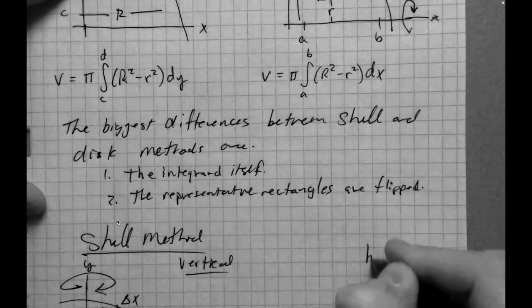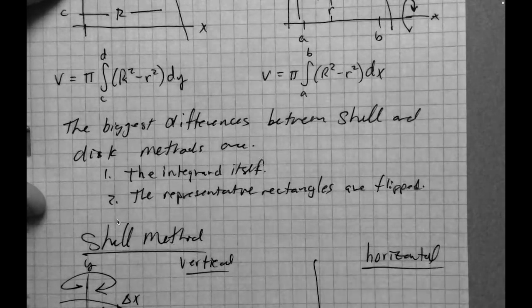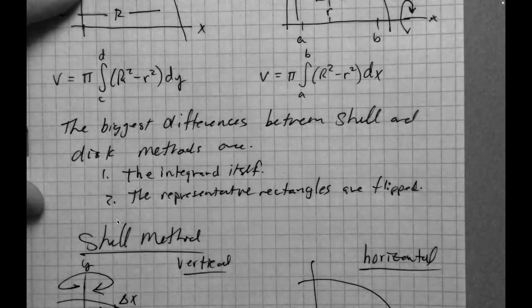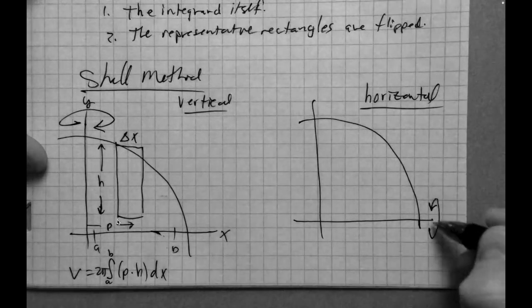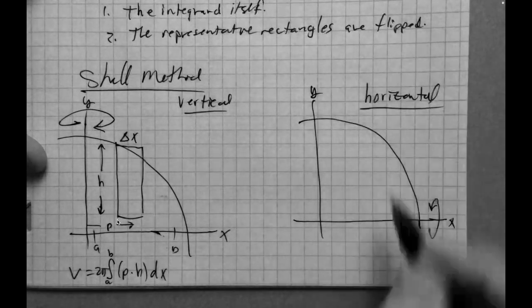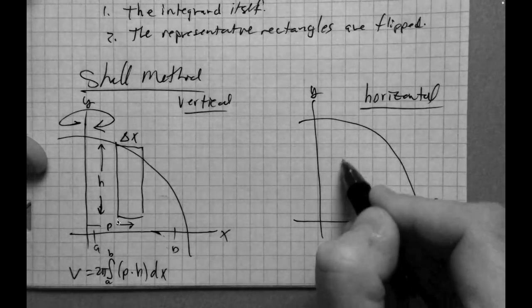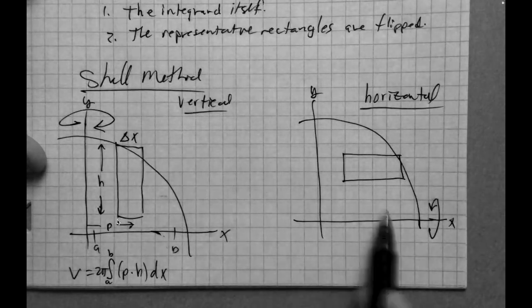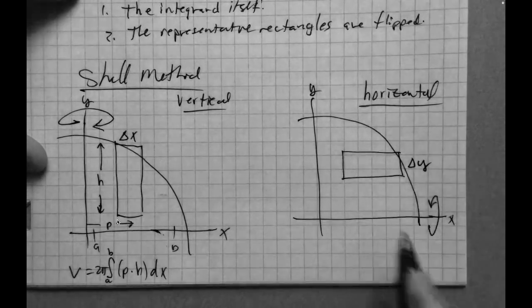Okay, and then horizontally, similar, right? So here we're going to rotate around the x-axis. Okay, and so that means our representative rectangles are going to be parallel to the x-axis, right? So that gives us a delta y.